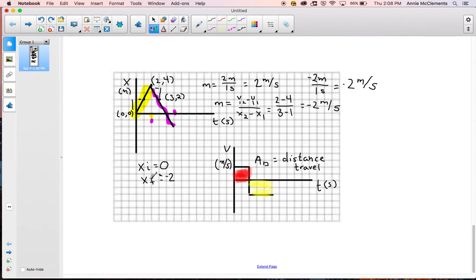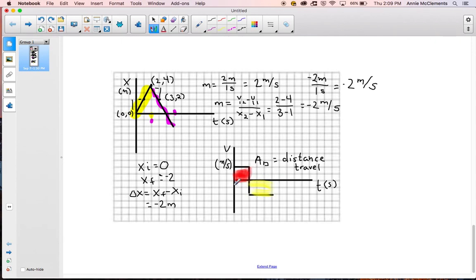Right? That means that our displacement, right, delta x, which is x final minus x initial, right? So that's negative 2 minus 0. That's negative 2 meters is our displacement, right? But our distance traveled is going to be much larger, right?